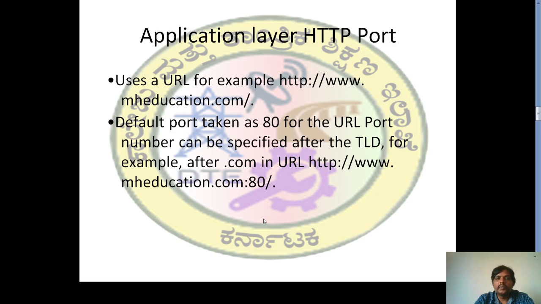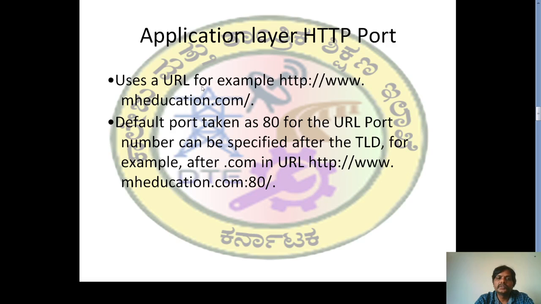That means the port number is just an address. It will tell to which protocol the packet is meant to be sent. And HTTP uses a URL. For example, http://www.mcgraw-hill-education.com.